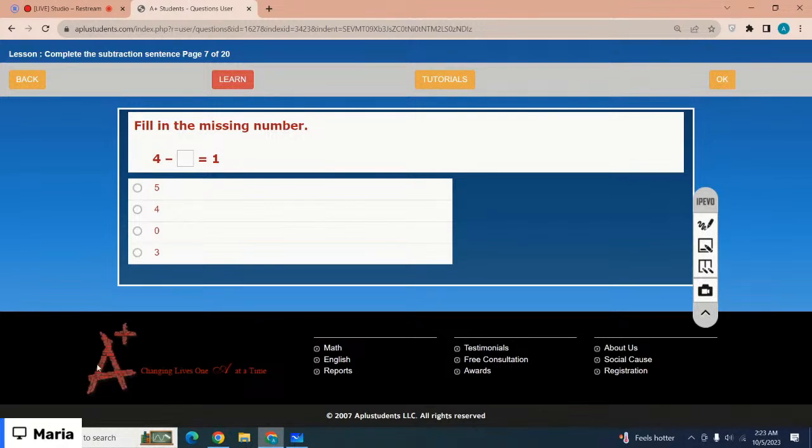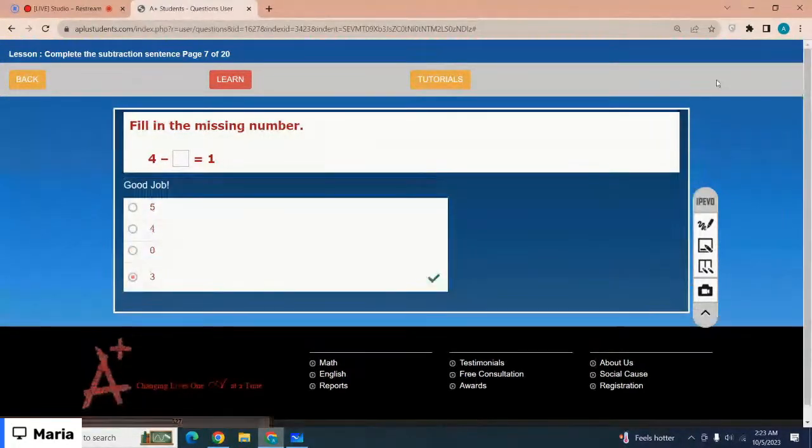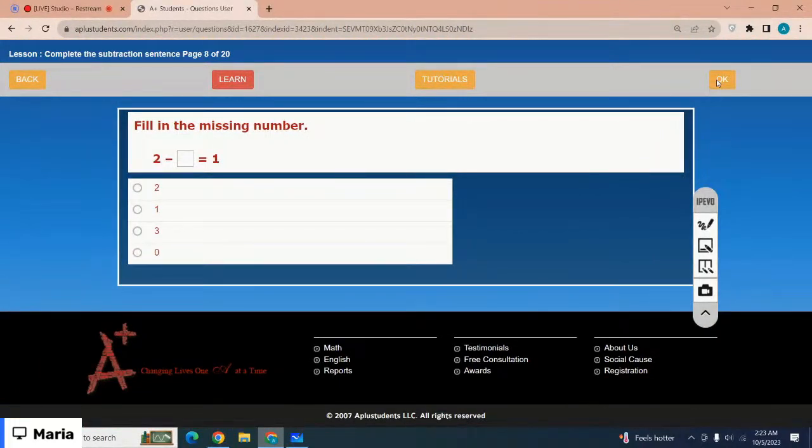Very good. The correct option is 4 take away 3 equals 1, right? The next one is 2 take away missing number equals 1. Which is the correct option? That would be 2 take away 1 equals 1.